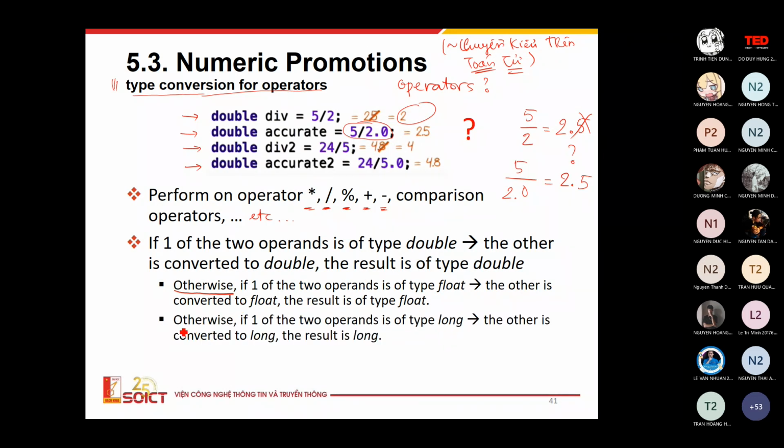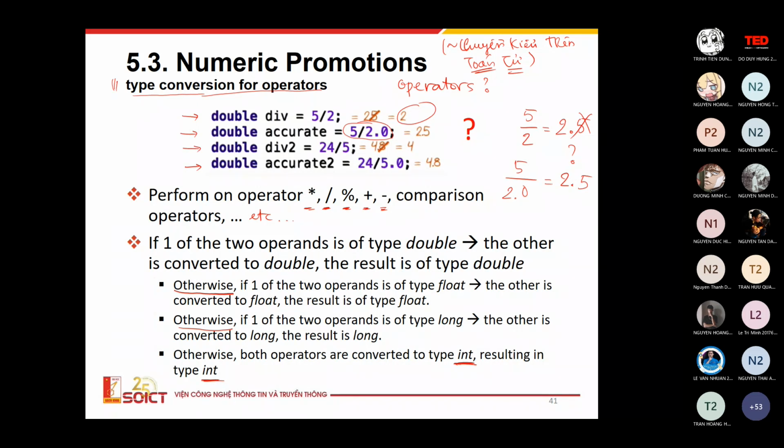Otherwise, if one of the two operands is of the type long, the other is converted to long, and the result will be long. And if both operands are not double, float, or long, then both will be converted to int, and the result will be of the type int.